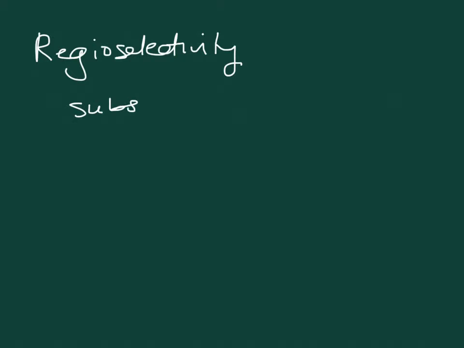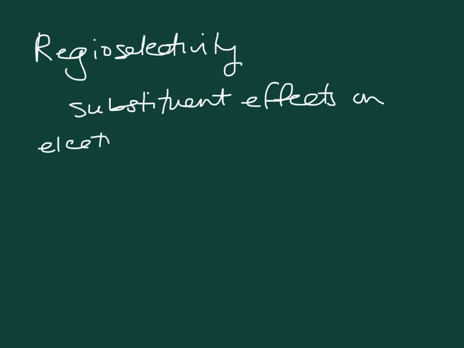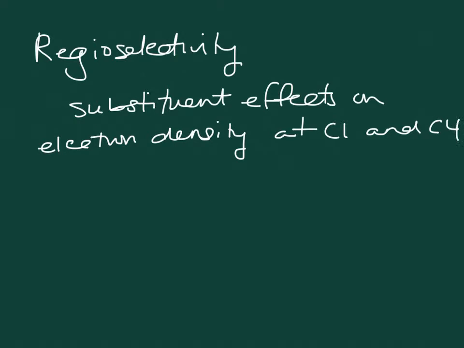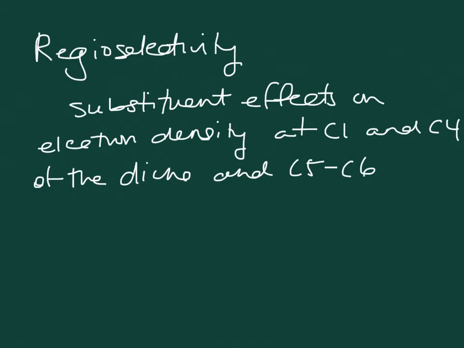Okay. This regioselectivity occurs because of the substituent effects on electron density at C1 and C4 of the diene and C5 and C6 of the dienophile.